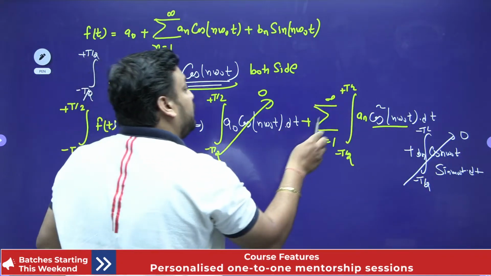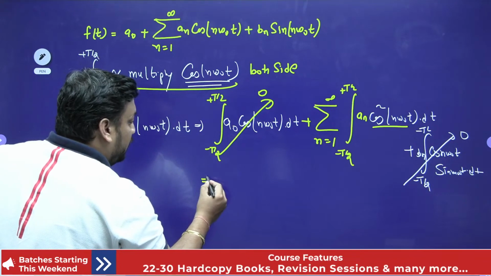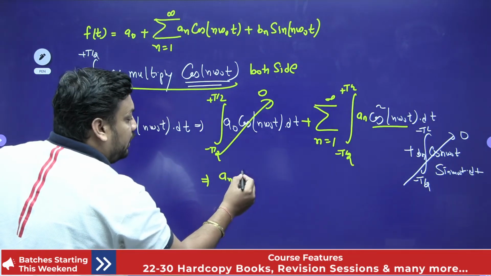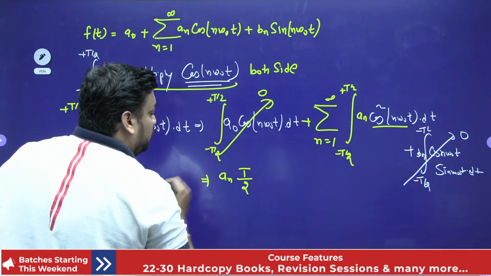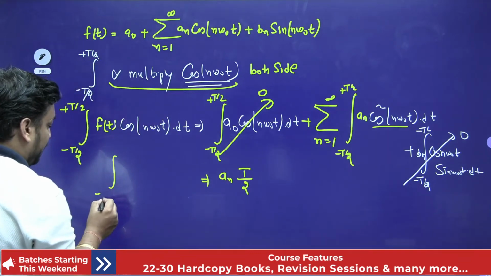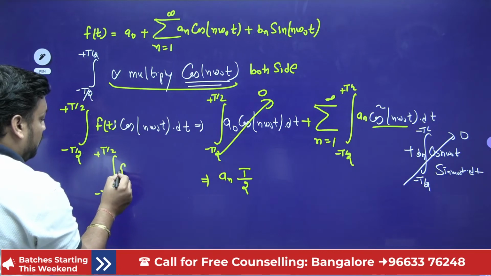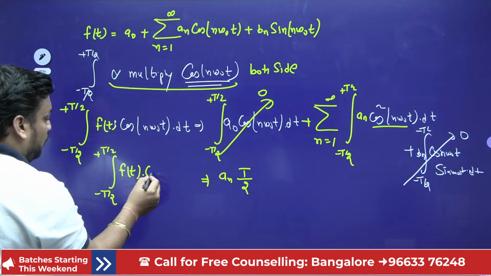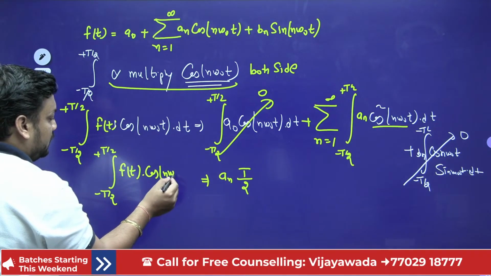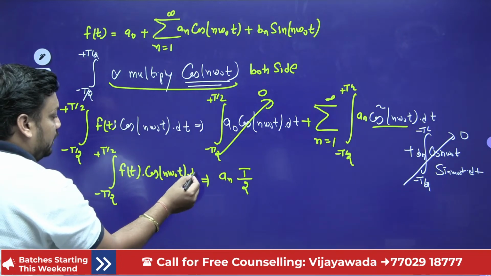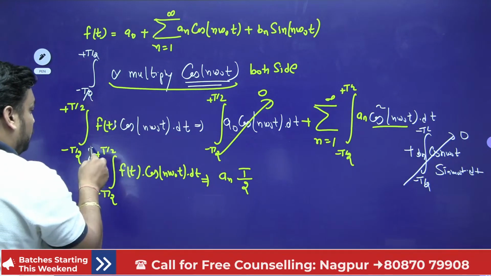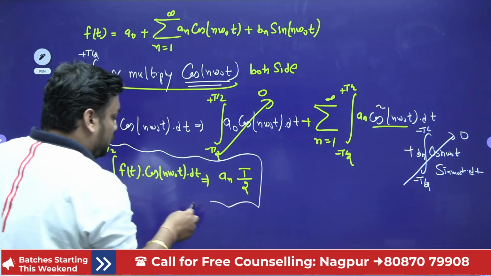T by 2 you will get here. So the ultimate solution is nothing but the right side part is equal to an into T by 2. And the left hand side part remains the same, that is the integral from minus T by 2 to plus T by 2 of f(t) into cos of n omega 0 t into dt. So now what should I do, sir? I can just cross multiply.